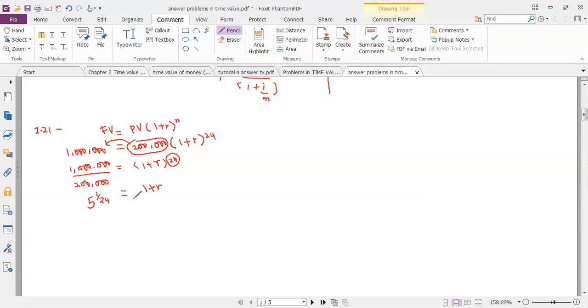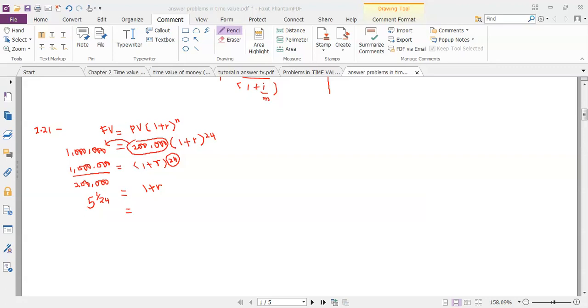So can you please find out in the calculator? 5, to the power of, using the caret key, I will make a bracket, and then 1 over 24.